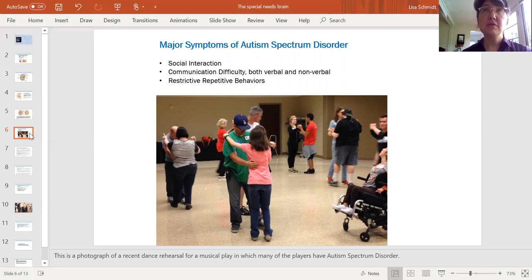So what we have found is that our ASD high functioning students are able to master technically very quickly. So they are able to learn the dance steps. They are able to learn the notes of the song. They are able to learn the dialogue very quickly, but it is all delivered in a very robotic way.